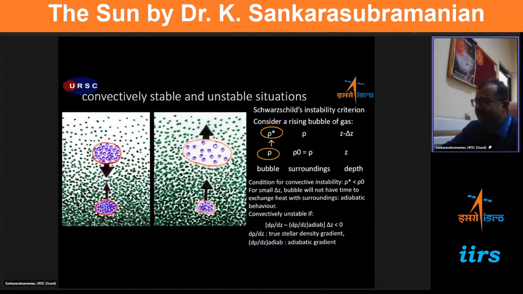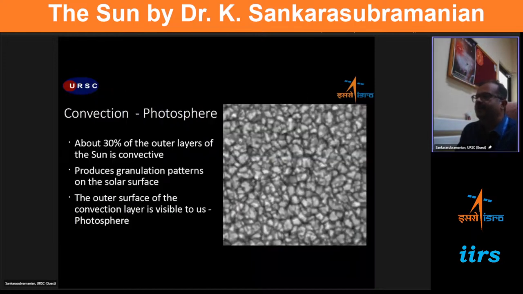This is an unstable convection, and of course you have seen this convective instability with a water bubble in the system. When you heat a pan of water, you will see these unstable convections. What you see here on the right hand side is a photospheric image of the convective system.